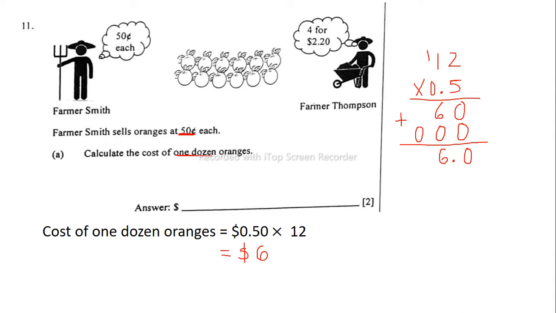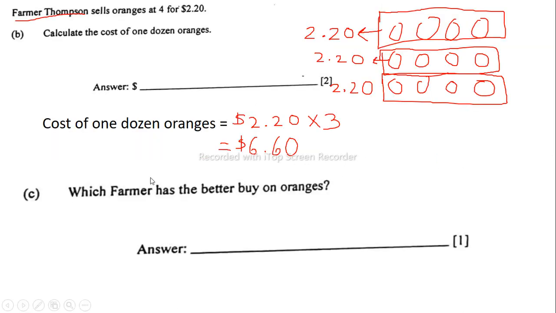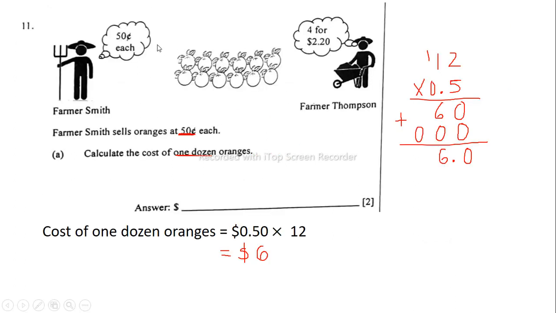I like how they lay it out, because sometimes all they do is say Farmer Smith has 50 cents for one, and Farmer Thompson has 4 for 220, and they go straight to the third question: who has the better buy? And so you would first have to calculate an equal set number for each of them.